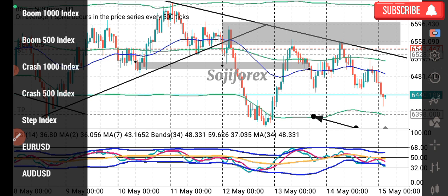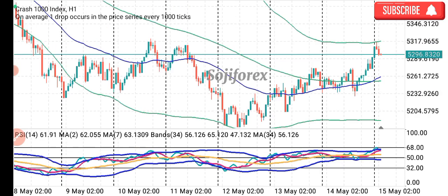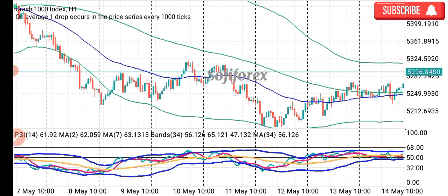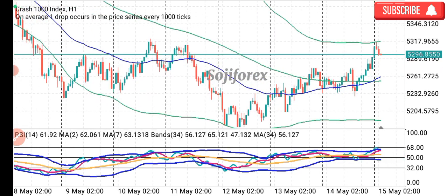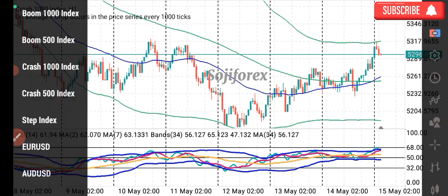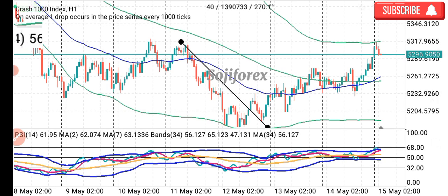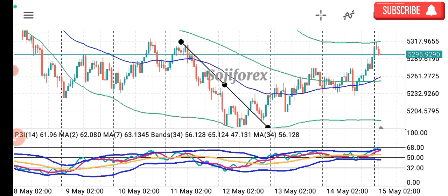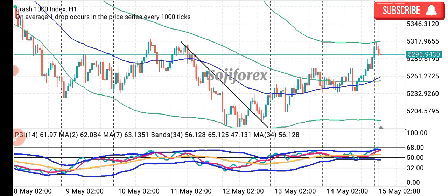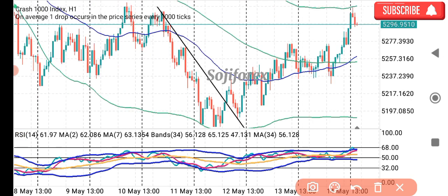Okay, let's look at another asset. Of course, this is Cash 1000, and this could have been a very simple one as well. All you need to do, see this trend line, and the market has been coming down, and here we have a divergence.